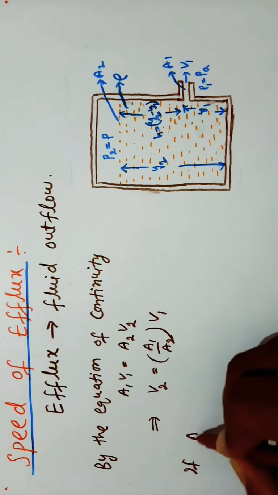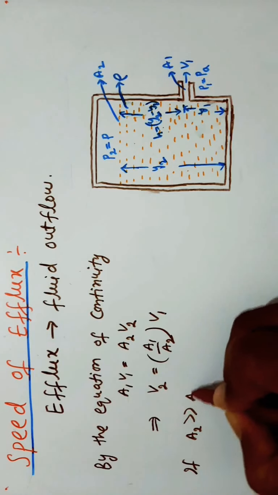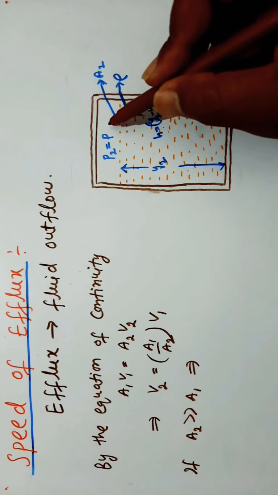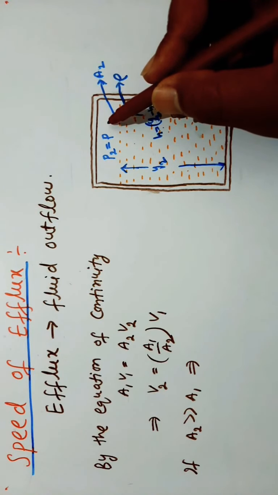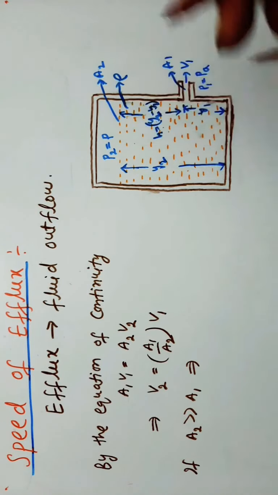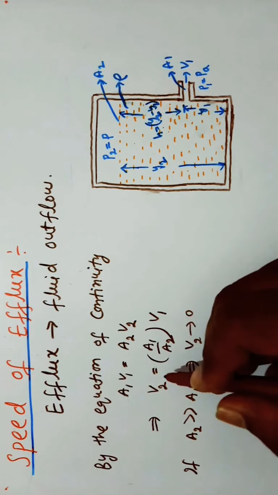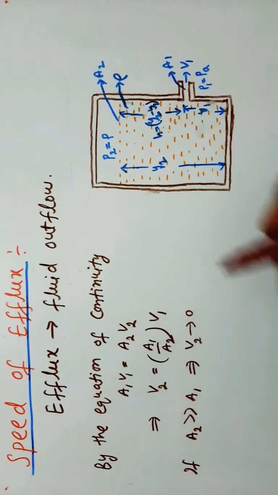If A2 is very much greater than A1, then the velocity of the air is negligible. So V2 tends to 0. So here we can write V2 is 0.